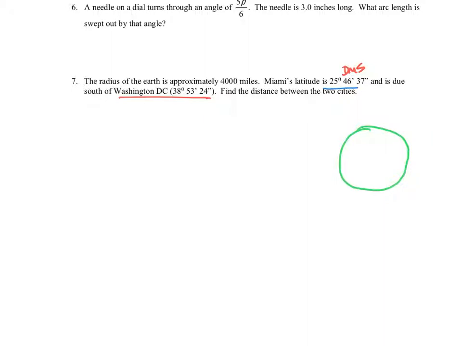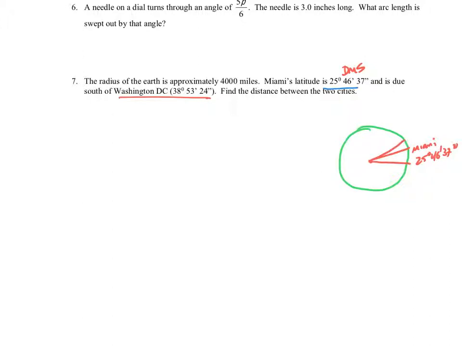So I'm going to sketch these angles. Miami is at 25 degrees, so I'll put Miami about here. This is Miami, and its angle is 25 degrees, 46 minutes, 37 seconds. And then Washington, D.C. is at 38 degrees, 53 minutes, and 24 seconds, so that's a little bit north of there.